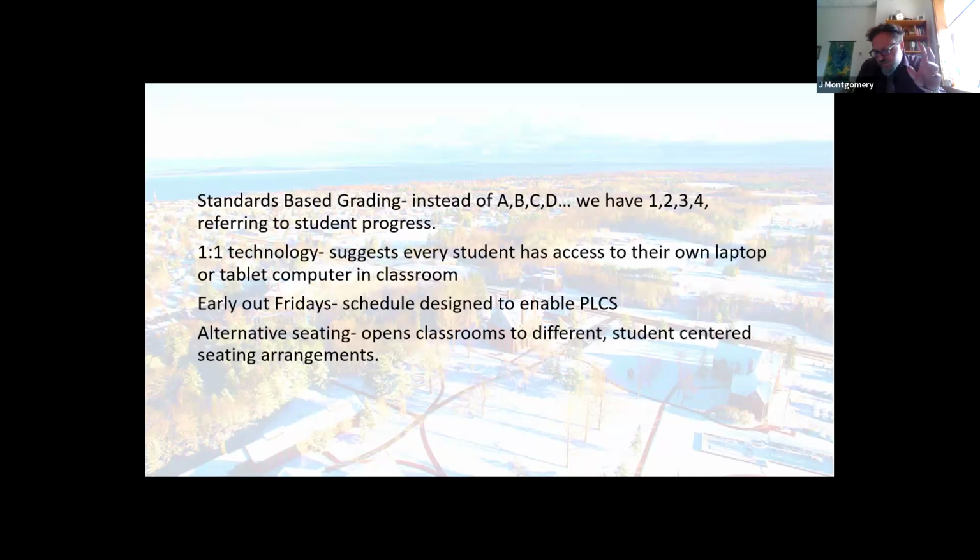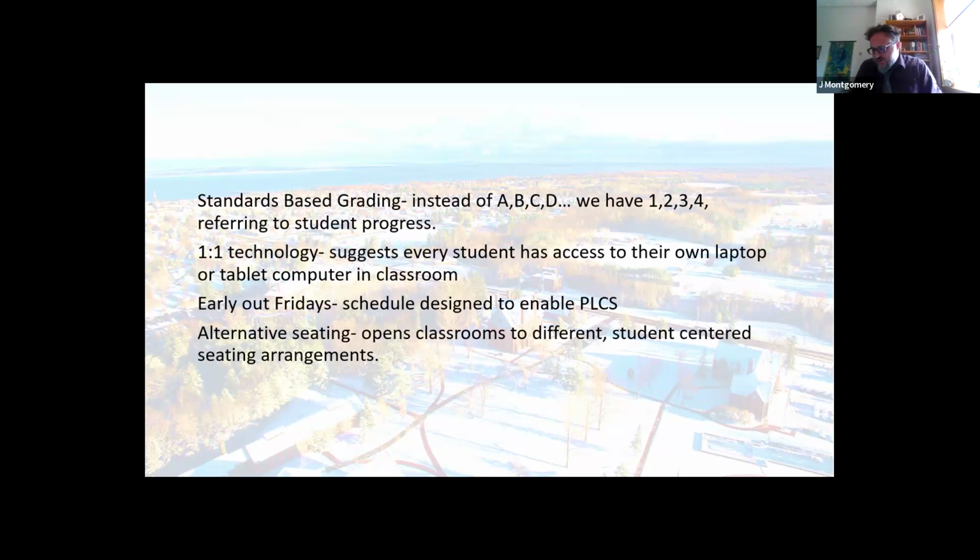And so just really briefly, I'll go over a couple of terms that we use in our paper and in this presentation. The first is standards-based grading. Instead of an ABCD model, we move towards a 1, 2, 3, 4 model, which is based on levels of progress towards proficiency.